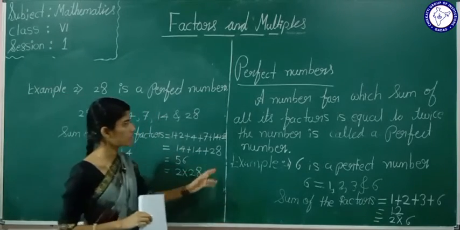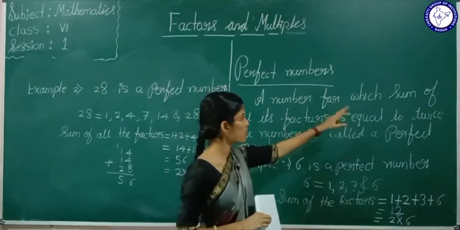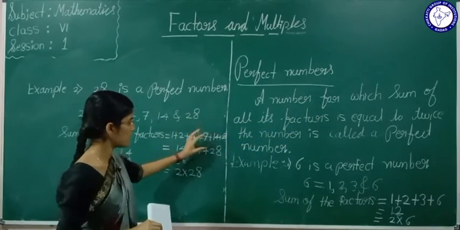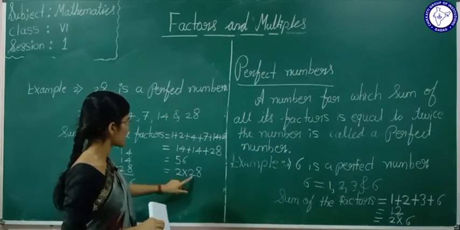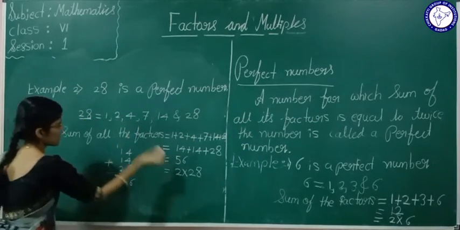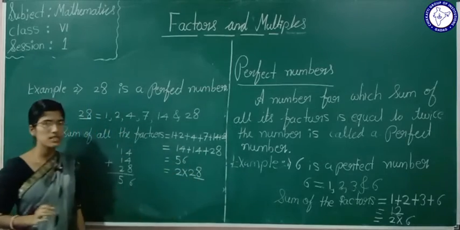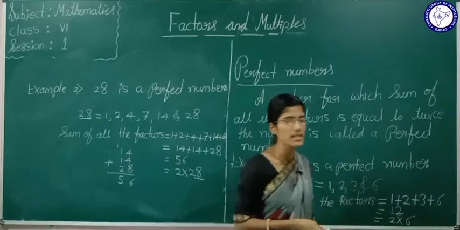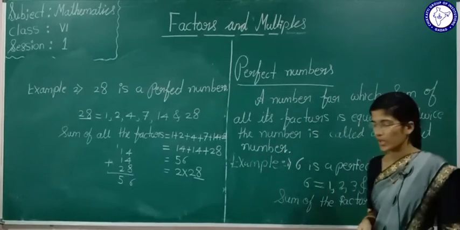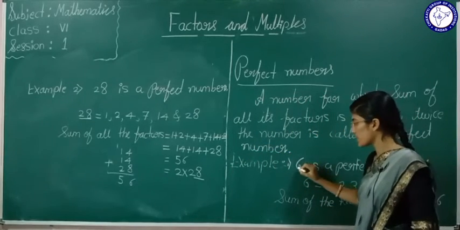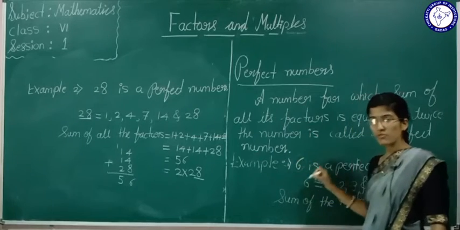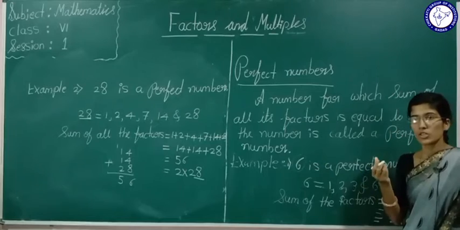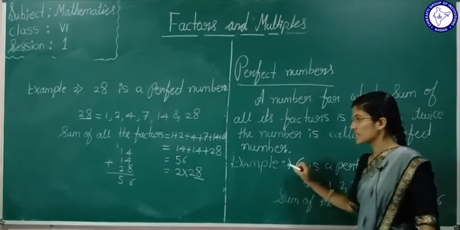Now see here. What is the definition of a perfect number? A number for which the sum of all its factors is equal to twice the number. This is why we call it a perfect number: if you take the factors of this number and add them, you get 2 multiplied by that number.